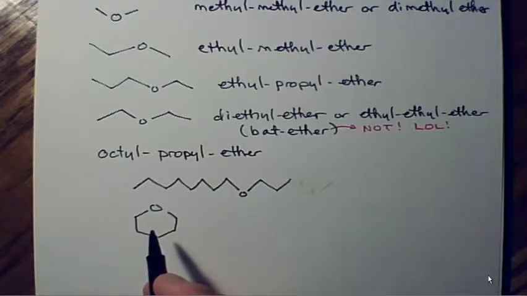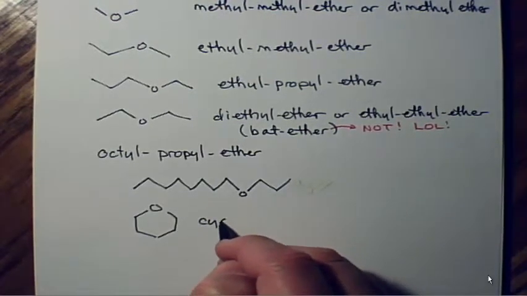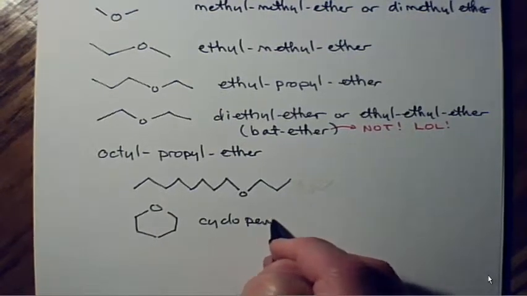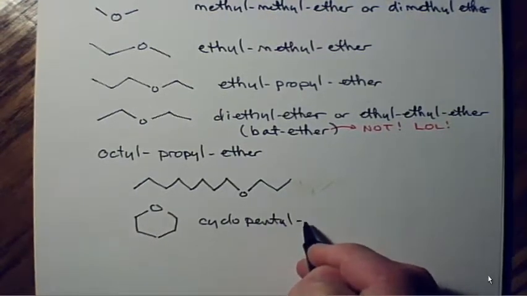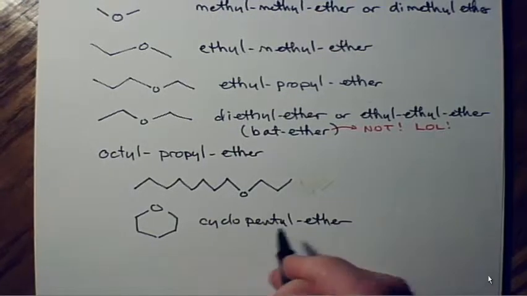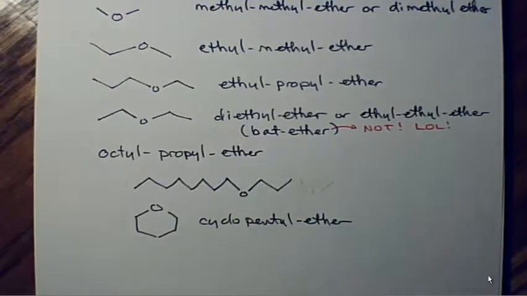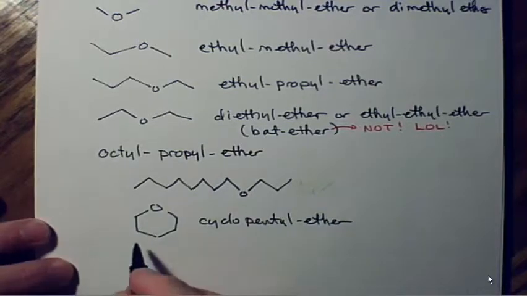We simply call this cyclopentyl ether. That's it. There's an oxygen between 2 carbons. It's ether. Okay?